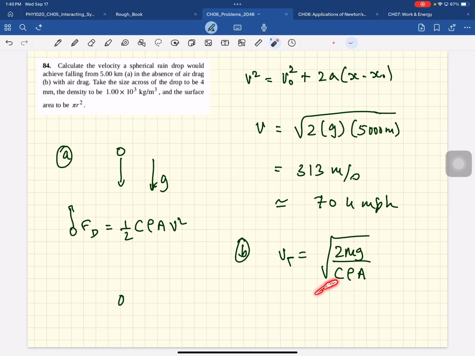We'll assume 1/2 for that, and rho is the density of the fluid in which you're falling, and you're falling in air. Now, of course, the density of air up there is much smaller than here on ground level, but we'll assume the density is constant.